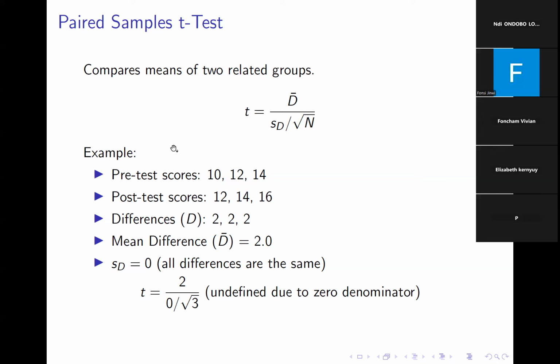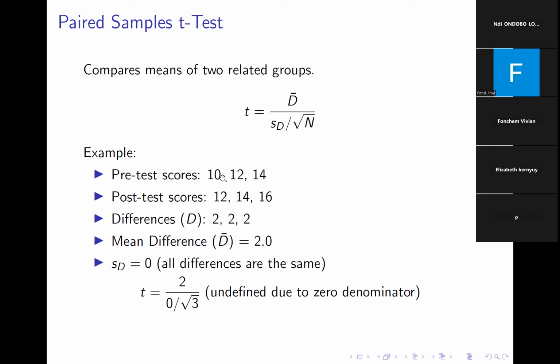So in that case, I then use this fake example. Let's suppose that you have a pre-test course. Let's say you were doing some pedagogical methods, for instance, and you have scores of students before the method and scores of students after the method. So it's the same students, you just have two groups.